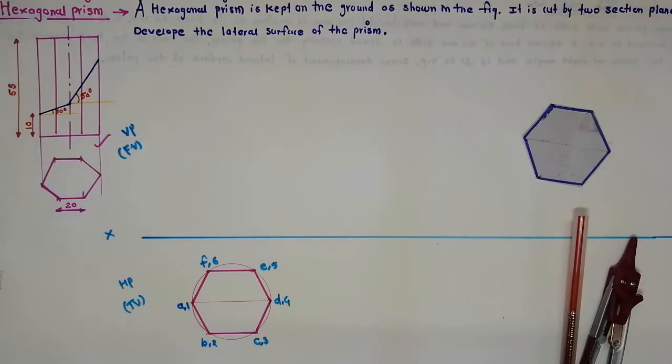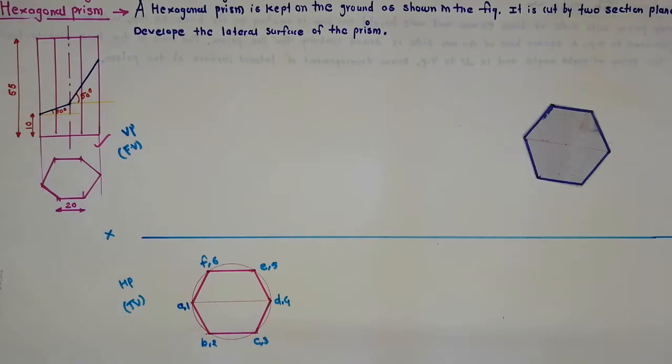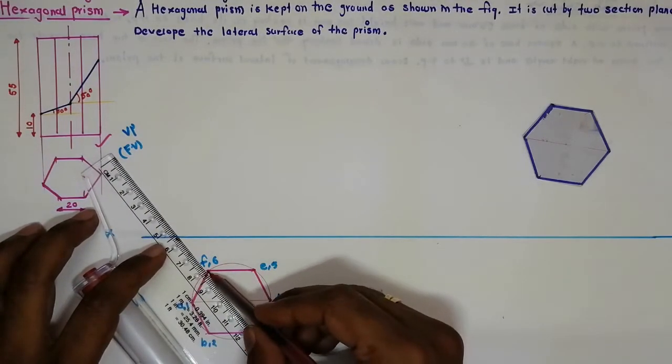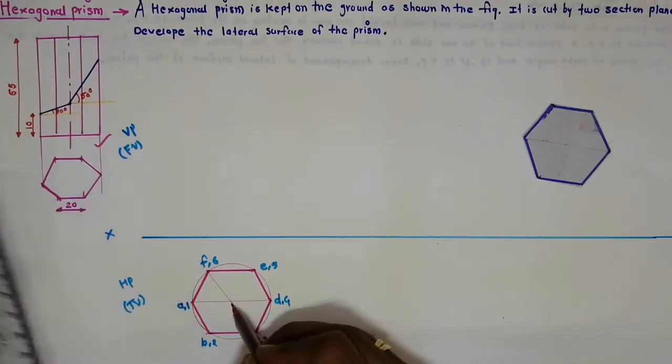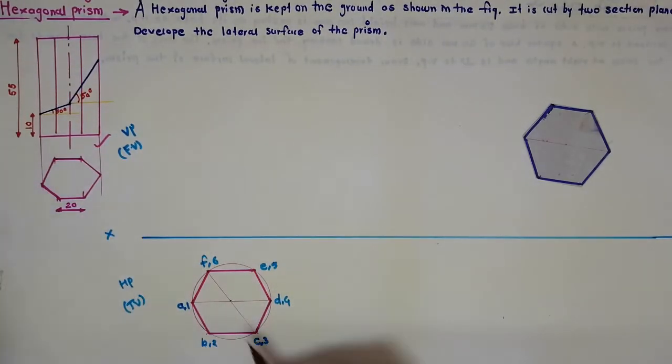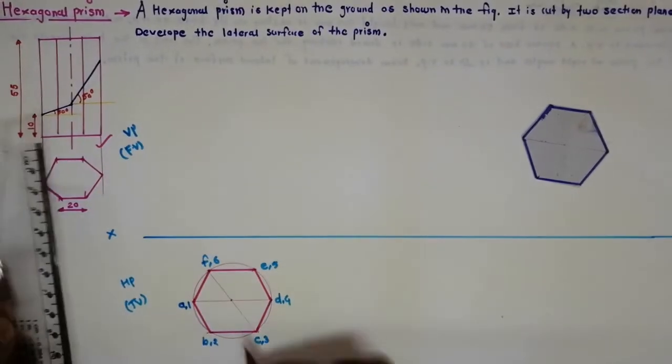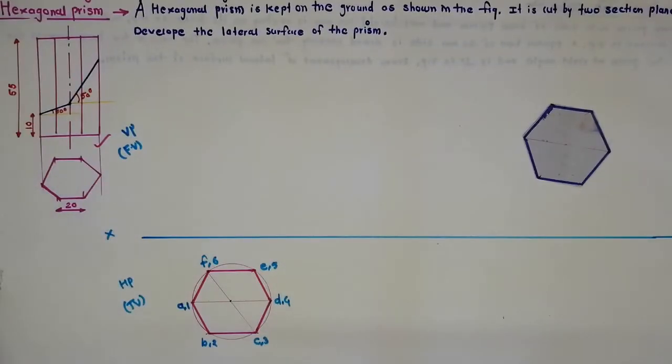Now we will find the axis. How to find the axis of this hexagon? It is very simple. Just join the two corners of the hexagon. Here one is the horizontal diameter, and you join the other corners of this hexagon, so we get an intersecting point. That is the center of this hexagon.